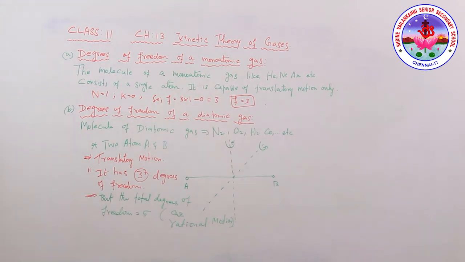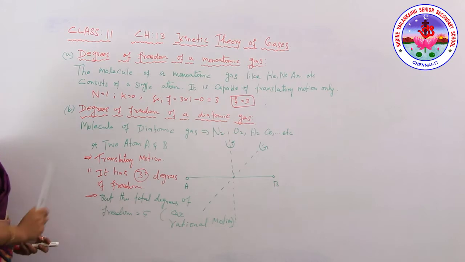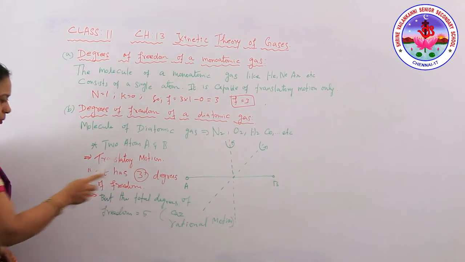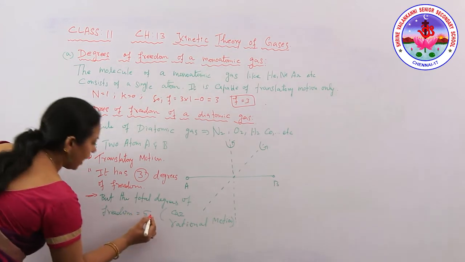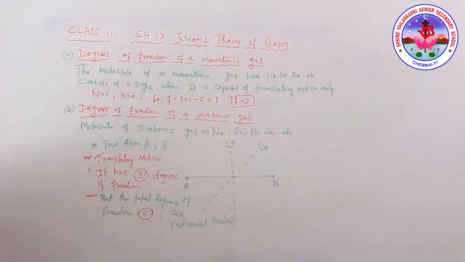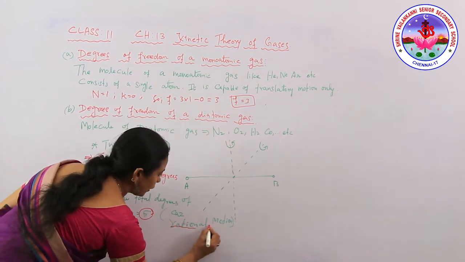So here the gas has 3 degrees of freedom corresponding to the translatory motion. But the total number of degrees of freedom we are saying here is 5, because it has a rotational motion too.